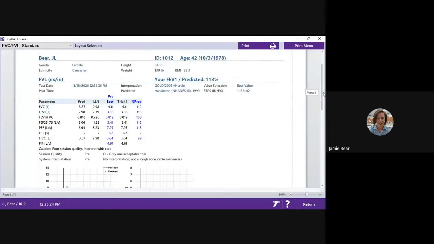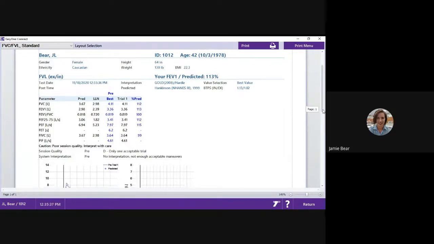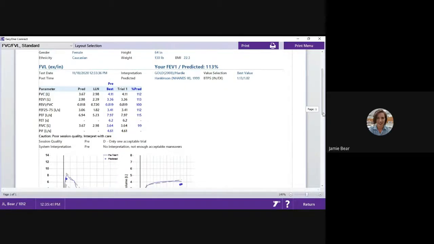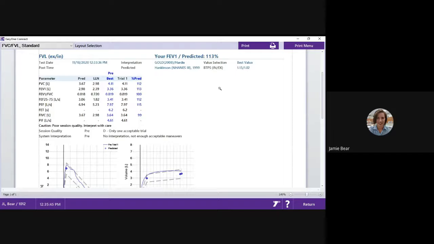First of all, it's extremely important to put in all of my demographic data, such as my height, my gender, my ethnicity. Weight isn't that important. My date of birth is a big deal because it's going to fix my predicted values based on what I did. For this test, we're really going to pay attention to these first three numbers.